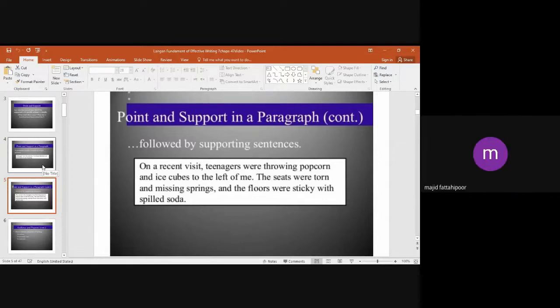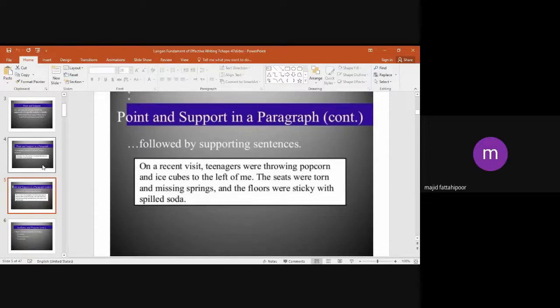That's right. I can give you one example now. This can be one example of a supporting sentence. You can have your own example, but this one can give you an idea of how a supporting sentence looks. It is an example of a recent visit that the writer had.